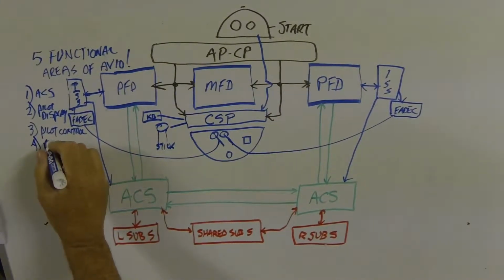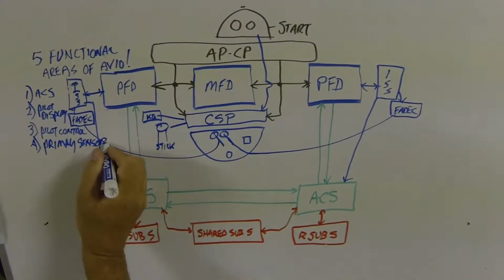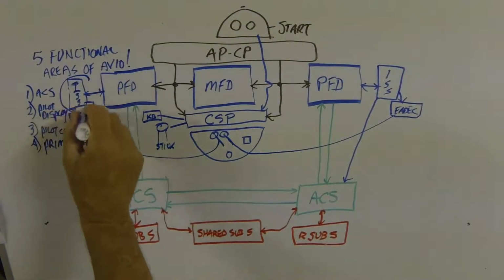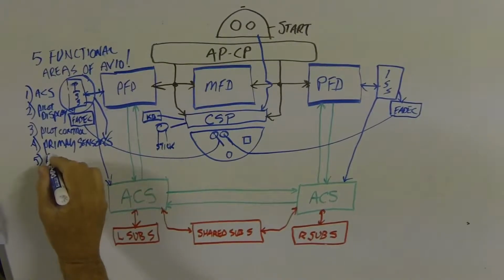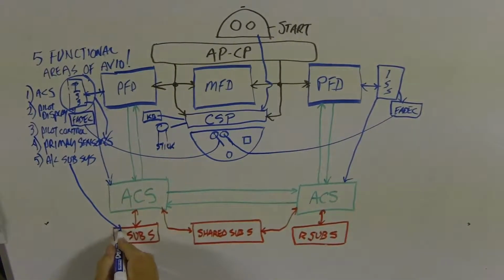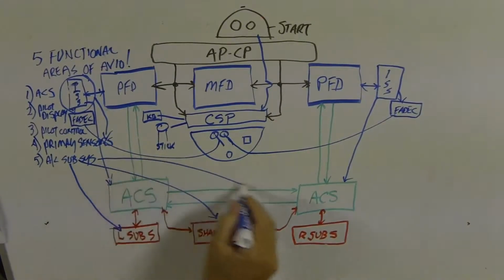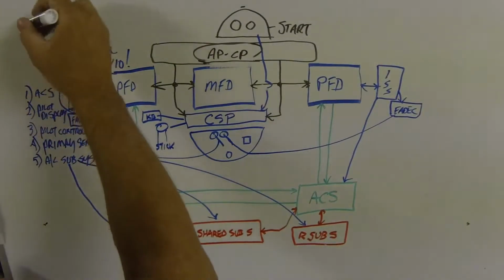Number 4, primary sensors. That would be the ISS. And number 5, we've got aircraft subsystems. So the shared and each individual right and left subsystems below each individual aircraft computer system.